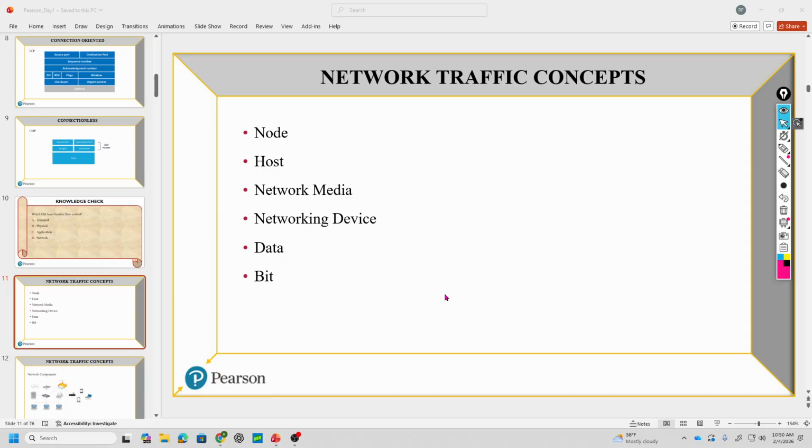So what is a host? Well, a host is any device that's hosting other services that people are utilizing. So most commonly we think about a server, but it could also be a desktop. So if we were running in a peer-to-peer network rather than a client-server type of architecture, then every individual desktop has the ability to share its files with other desktops.